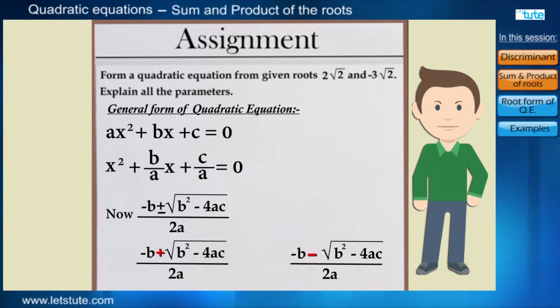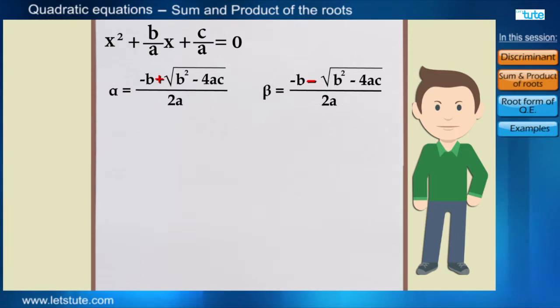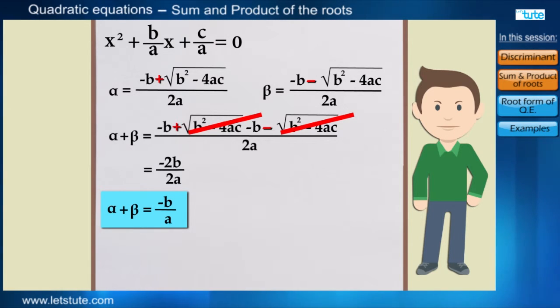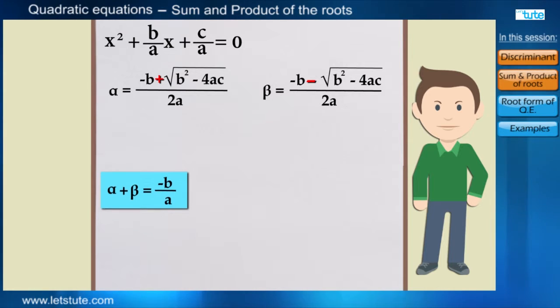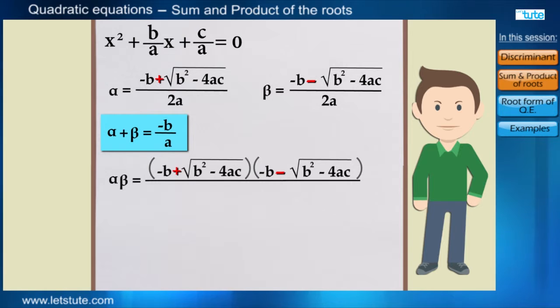Let's denote them by the letters alpha and beta respectively. Now, take the sum of the roots and see what you get. Take the product of the roots and see whether you get the last term or not.